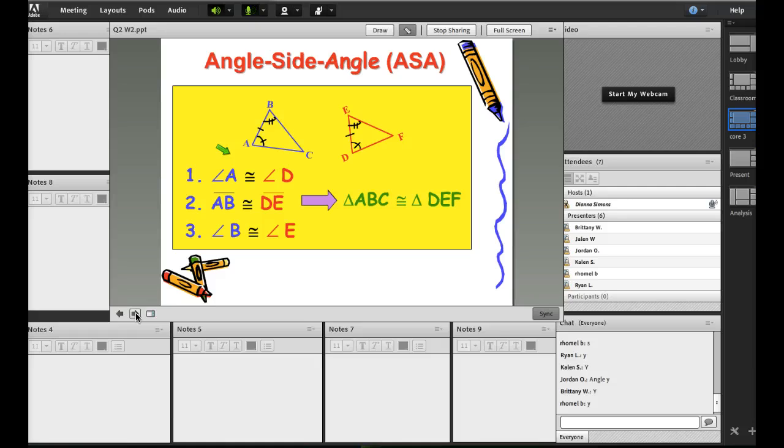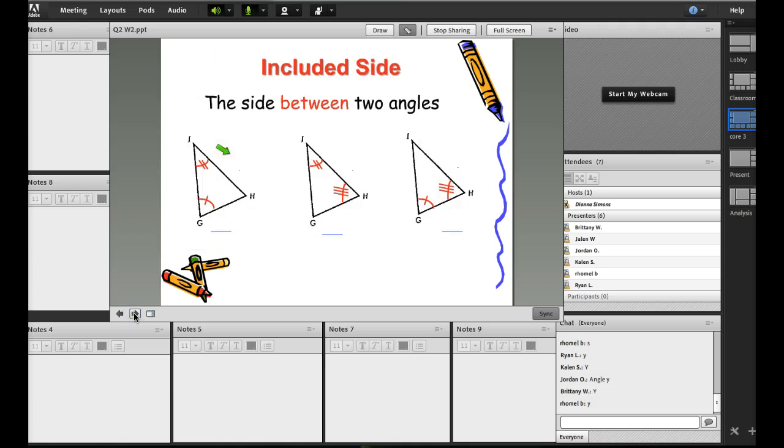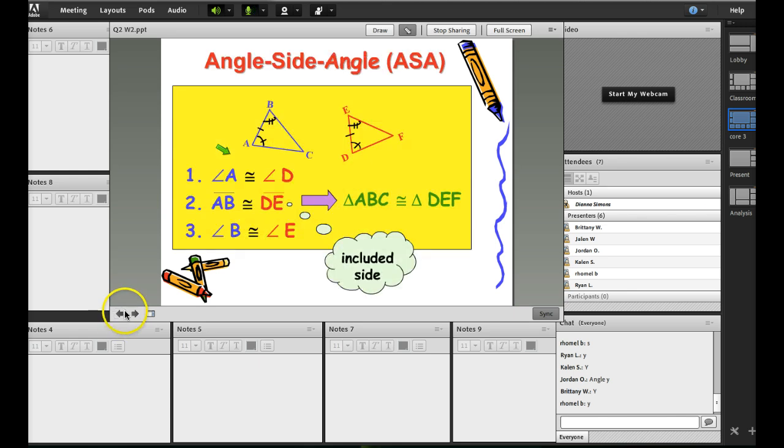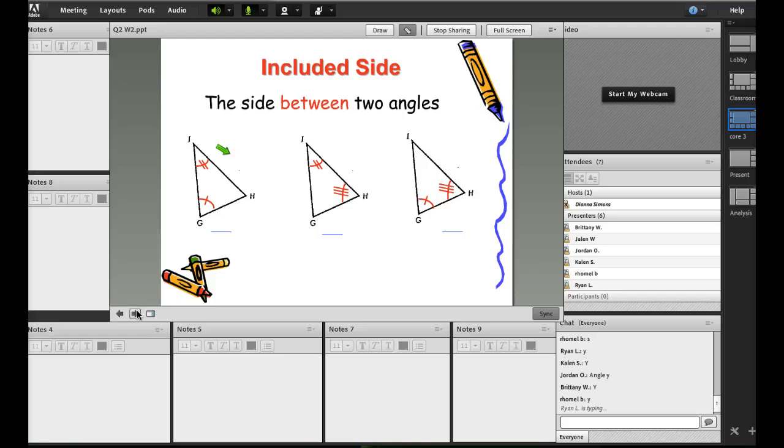Angle, side, angle. So that would mean that the side between the two angles is the side that you're going to look at, right? So the included side. All right, so I gave you the first one. What about the second one? What side is included between those two angles? Okay, and it's important that you do it in the right direction.